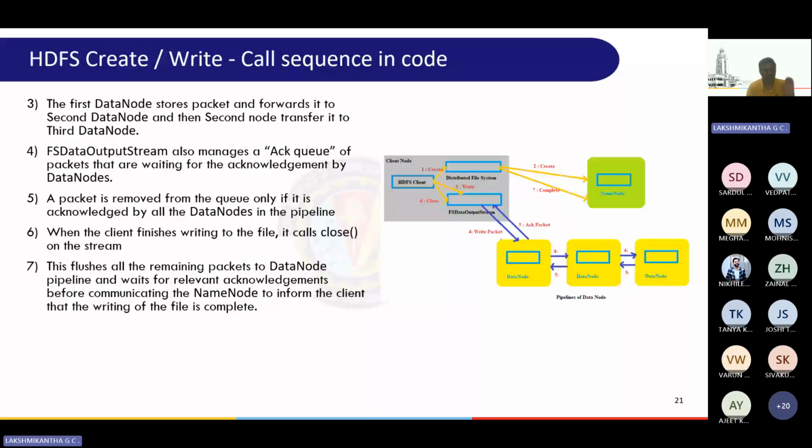This ensures that the name node's metadata is up to date and consistent. You can see that sequence here. And the final message is sent to whom, guys? The final message is sent to the name node. What is that? The complete message. This is when the name node updates the metadata for the file.